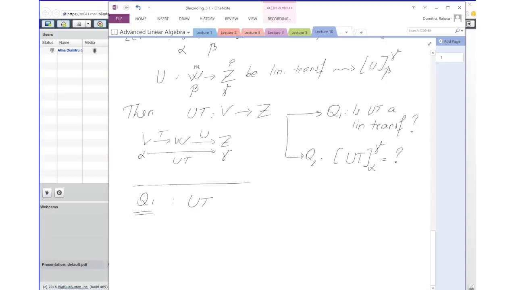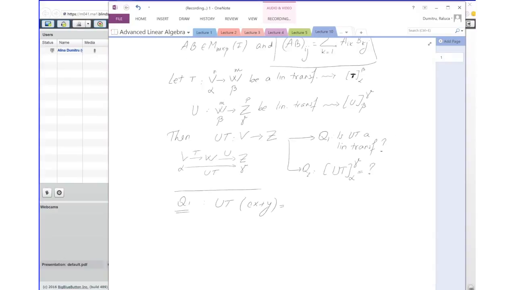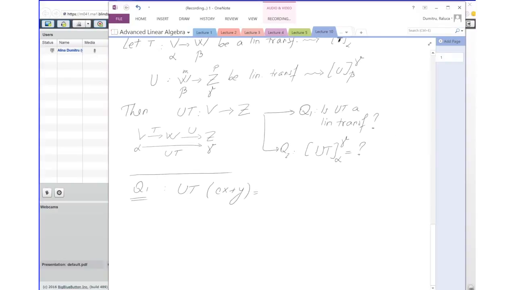So U composed with T, I want to see if it's linear from V to Z, so I'm going to apply it to Cx plus Y. It is the composite function, so it is U of T of Cx plus Y. But T was linear, right?